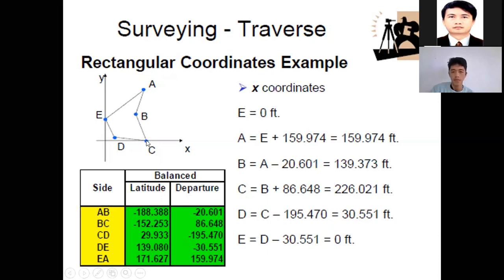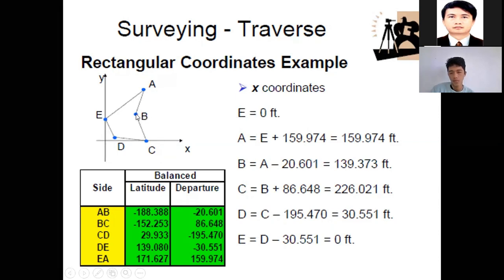Next is point C. We're considering the departure value of the line segment BC, which is 86.648. So the x value of point B, 139, we need to add this 86.648, because from point B to C we're adding this component, diba?